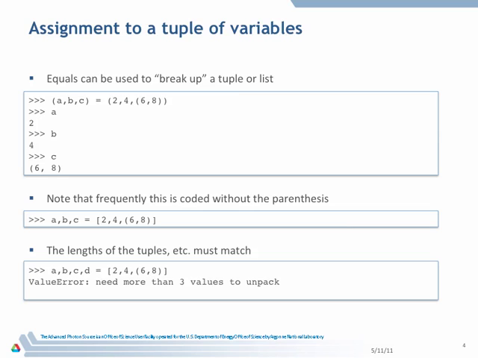I've broken it up, but only C is a tuple. A is an int, B is an int, and C is a tuple. Yes, this is a tuple. It's used and gone.